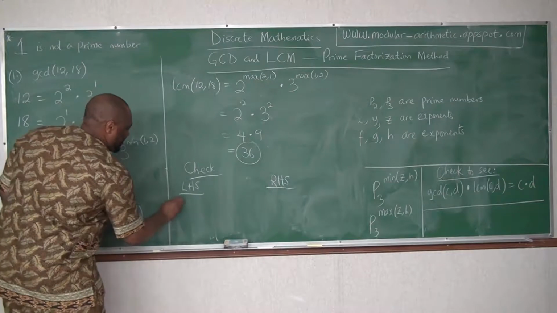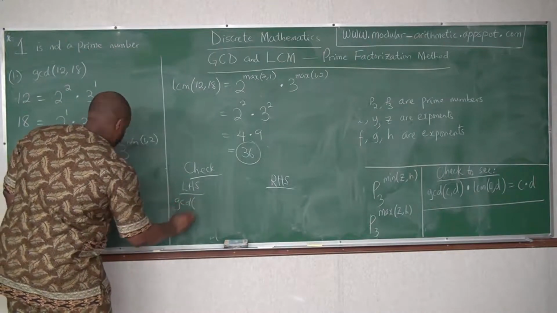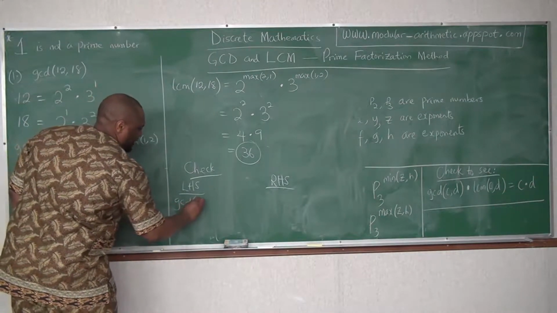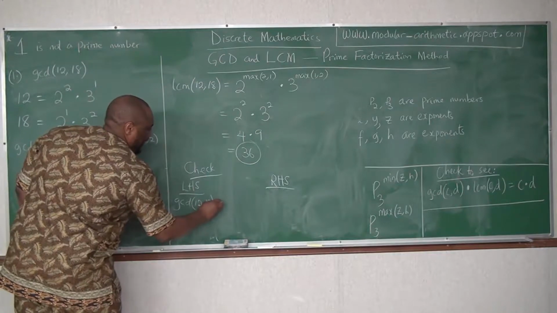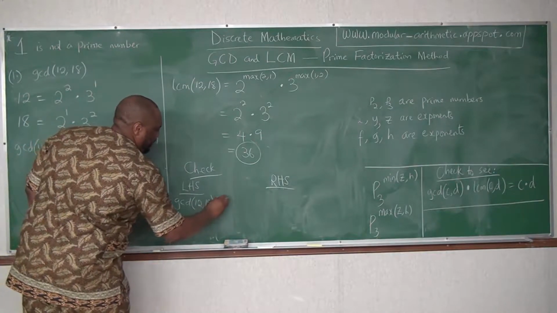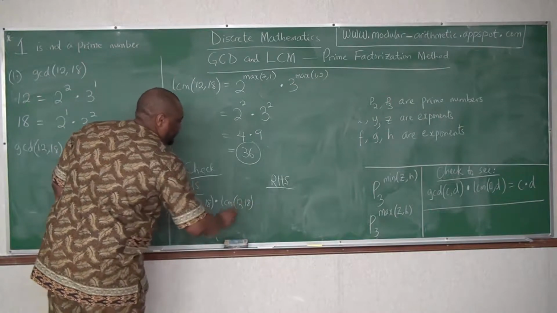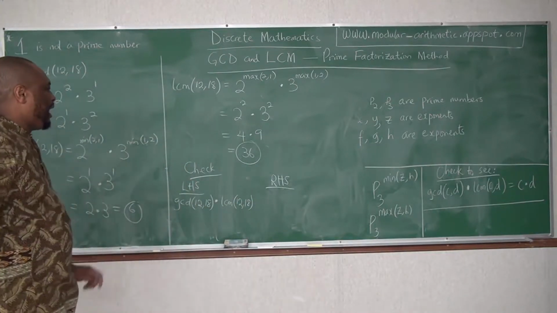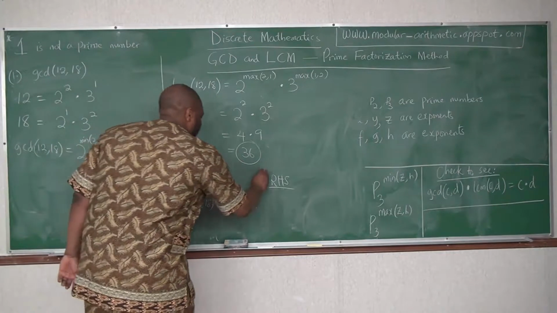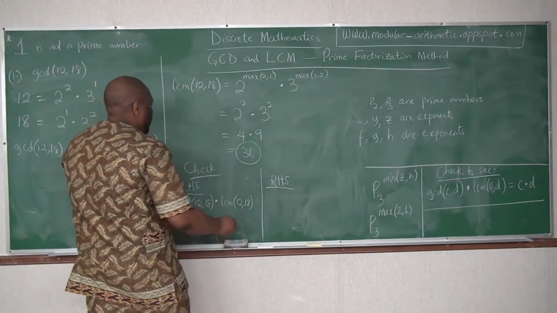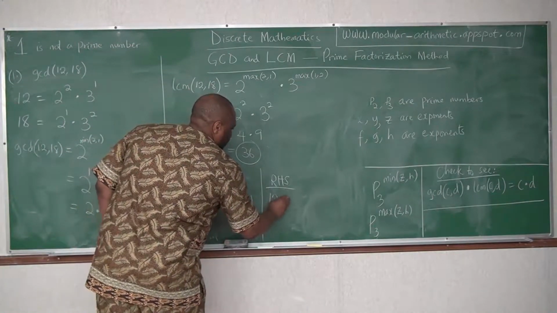The left-hand side is the GCD of 12 and 18 times the LCM of 12 and 18. And our right-hand side is 12 times 18.